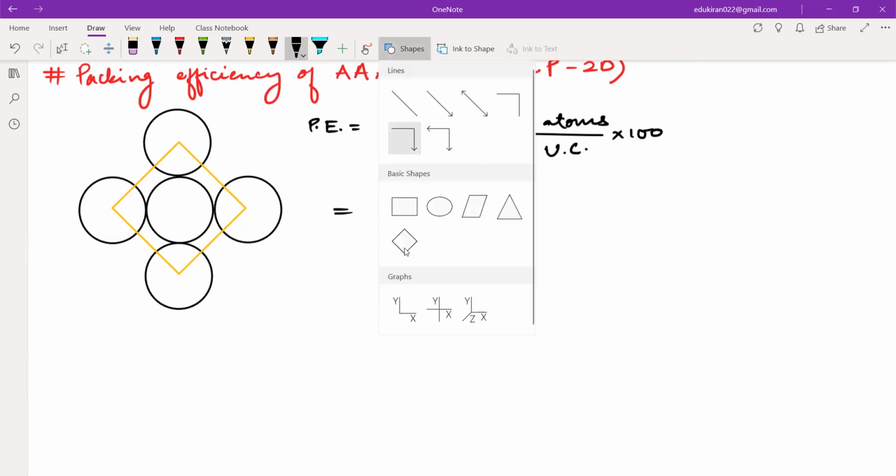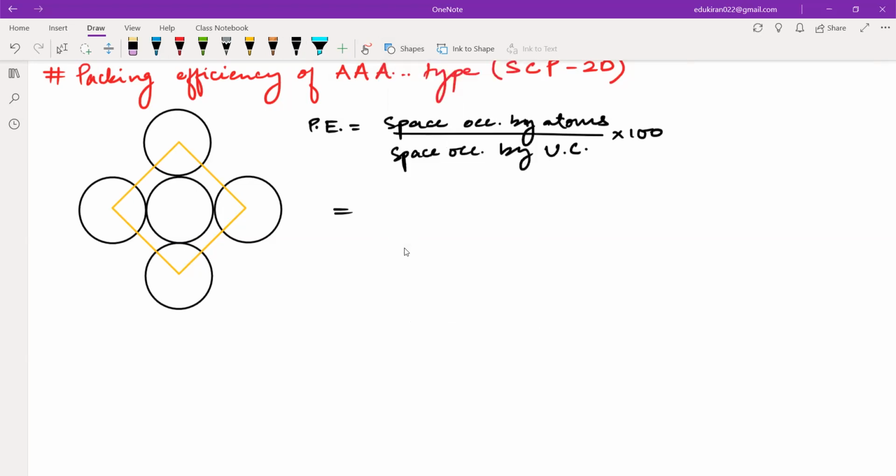Space occupied by atoms. So rather than writing the whole thing, I will write number of atoms into, now since we are talking in 2D, this is a circle, this circle will have an area, right?